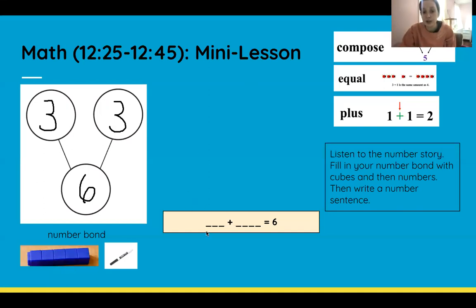Can you show that with a number sentence? Blank and blank equals 6. Think about the parts we added together. Write it down before I write mine.